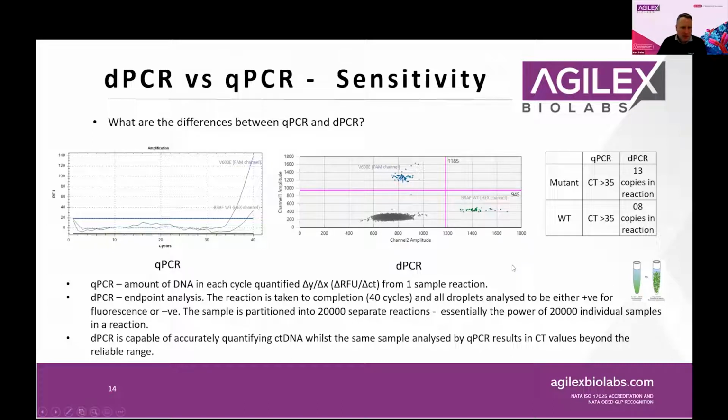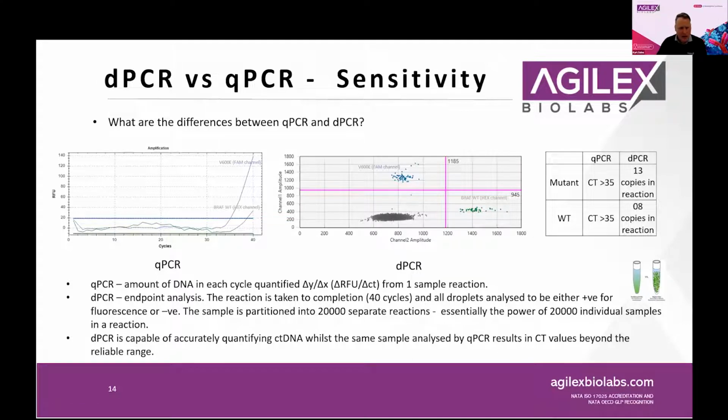The second difference is, if you imagine this is your PCR amplification, you've got 40 cycles over which you're amplifying your target, and over those 40 cycles you're generating relative fluorescent intensity as that amplicon becomes amplified.